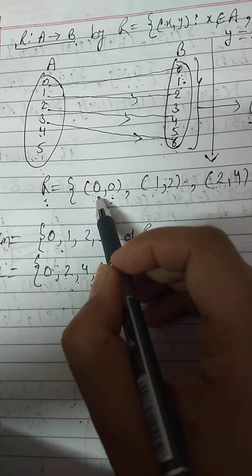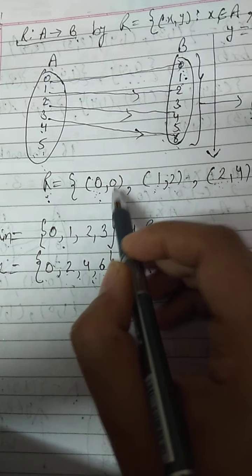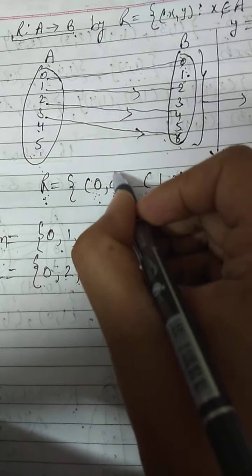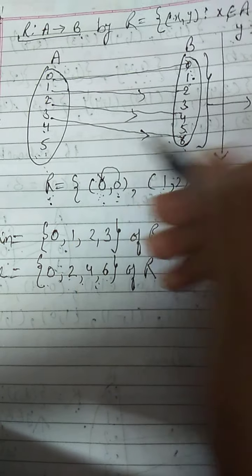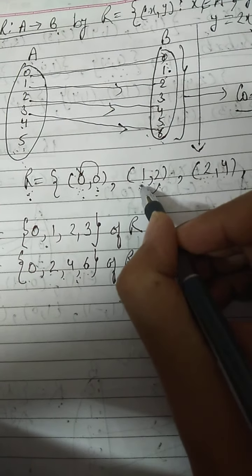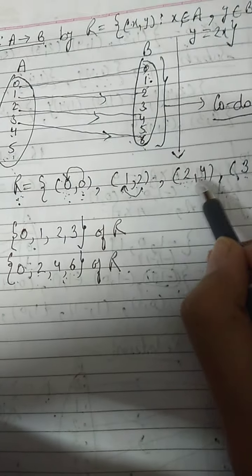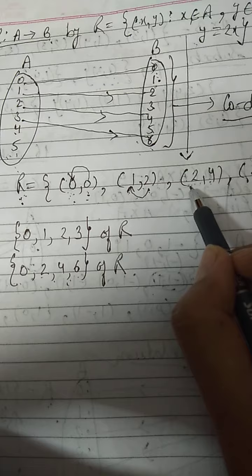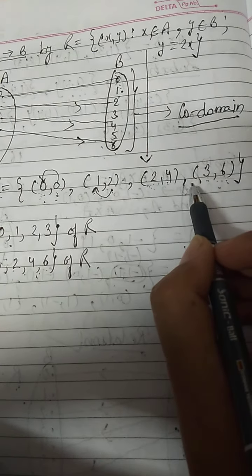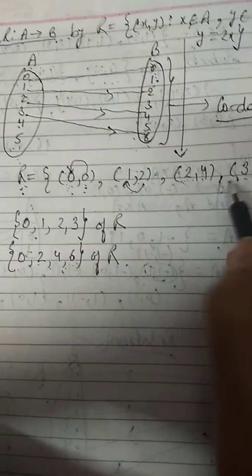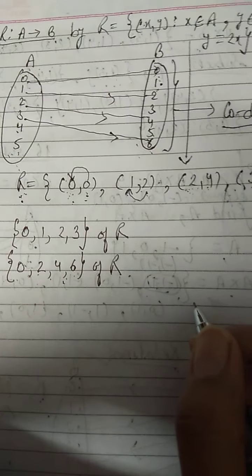When I look at this ordered pair in the relation, (0, 0), the second element is actually the image of the first element. 2 is the image of 1 under the relation R. 4 is the image of 2 under the relation R. Similarly, 6 is the image of 3 under the relation R. So what is image?